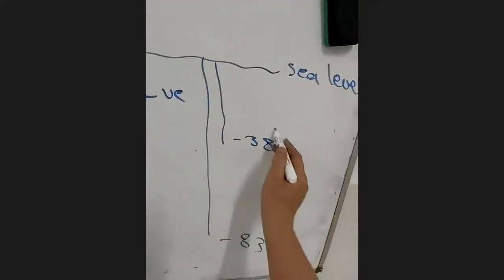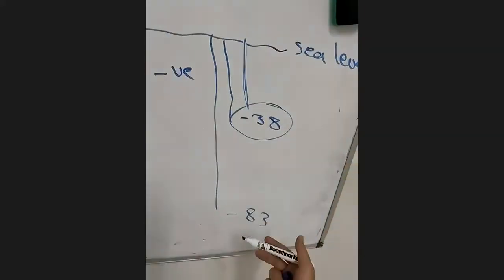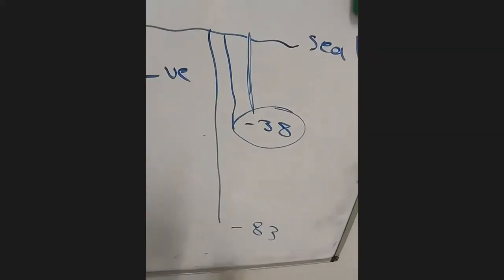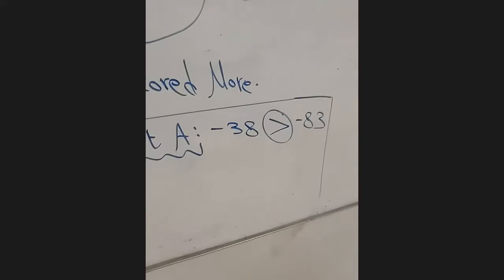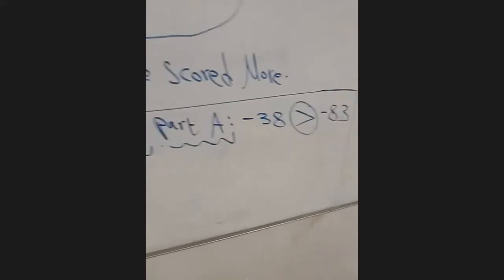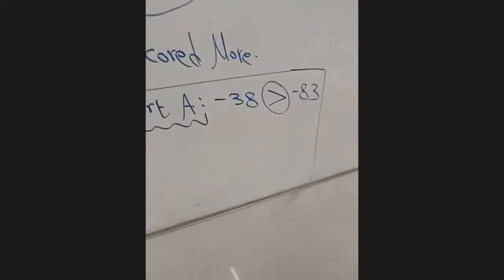It is negative 38. So this one has bigger value than this one. But as a direction, this one is deeper. So negative 38 is bigger than negative 83. This is part A.